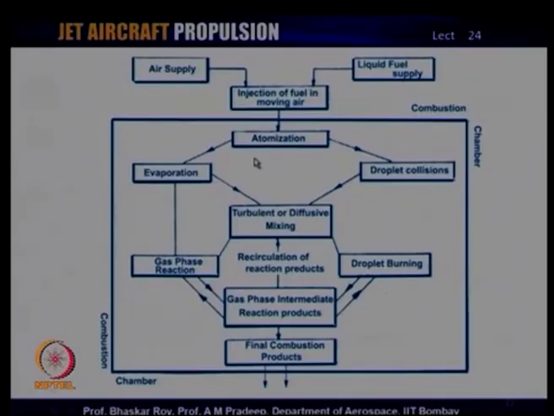Once the atomization is taking place, there are two things that need to be taken care of. One is the process of evaporation, where the fuel needs to evaporate and become gas. The droplets are liquid droplets, and they quite often collide with each other.